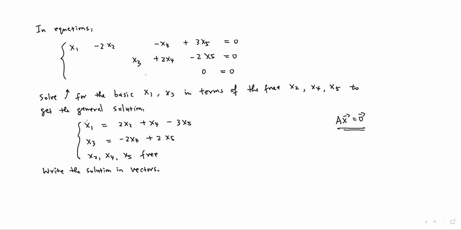Okay. Now, general solution. Write the general solution in vectors. Vector x is the vector of the unknowns, the 5 unknowns: x1, x2, x3, x4, and x5.